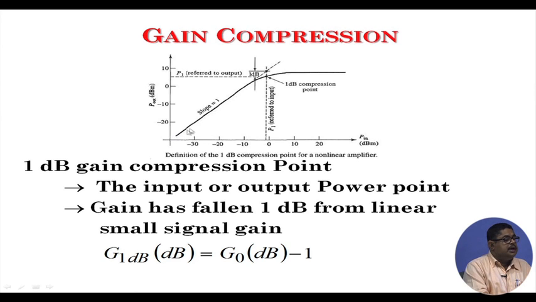Now, in the linear zone it has a slope of 1, we know we have a linear thing. So, as we increase the input power, the output follows, but after a certain point we see that it starts falling. Why it starts falling we will explain later, but all systems have this.